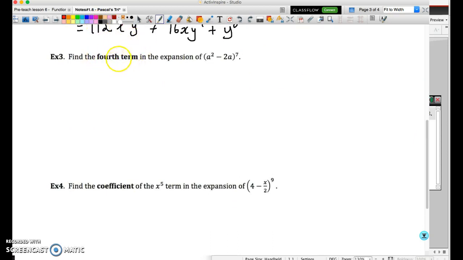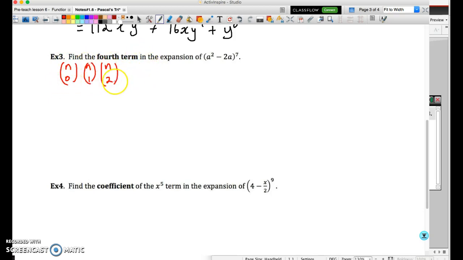The thing that you want to watch out for is just to remember, if it's the 4th term, the first term starts with a power of 7, but in terms of the combinatorial numbers, the first term is always n0, the second term n1, the third term n2, and so forth in terms of our combinatorial numbers.